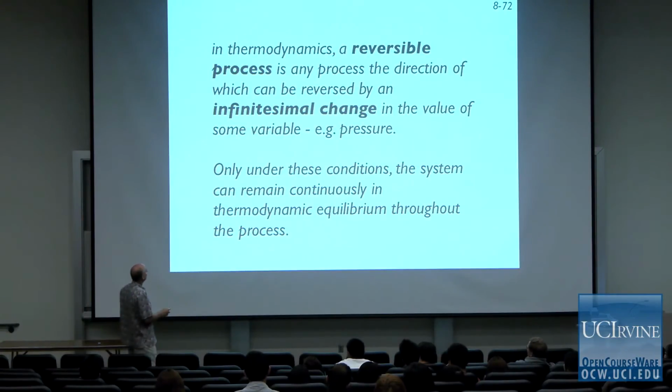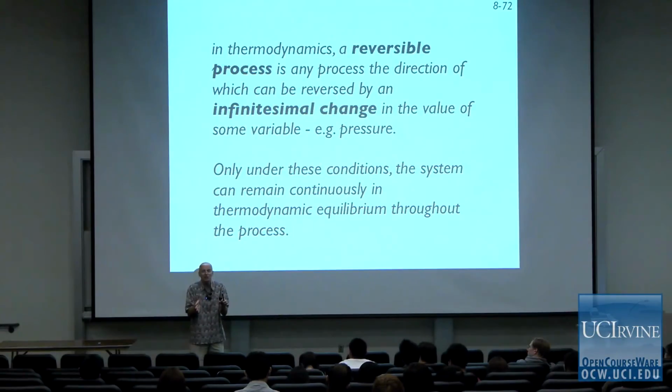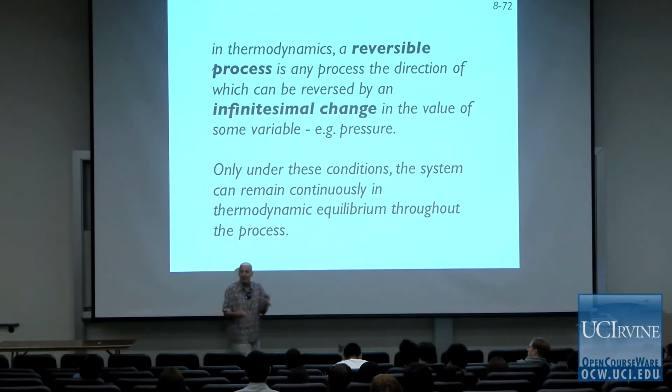All right, only under these conditions can the system remain continuously in thermodynamic equilibrium. In other words, if I compress the piston at any macroscopically observable rate, even if you try to do it really slow, you're not doing it slow enough. You're introducing losses, dissipation. Energy's getting lost. Why?